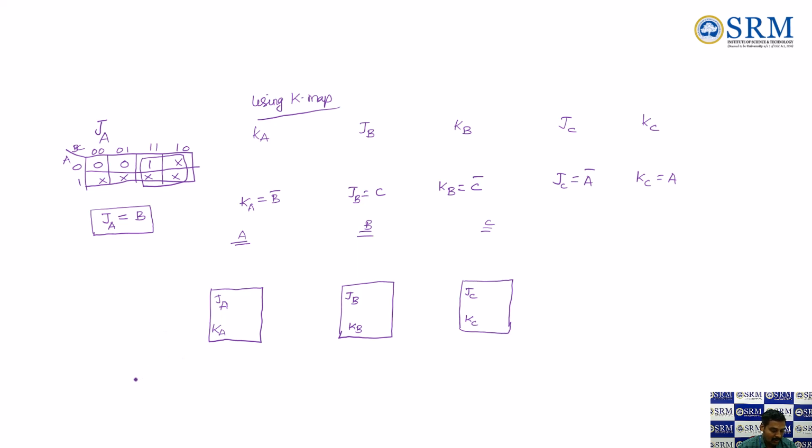So I'm considering this is a synchronous counter. Hence, I'm giving a clock pulse common to all the flip-flops. So clock pulse applying. Right, so this is actually a clock.